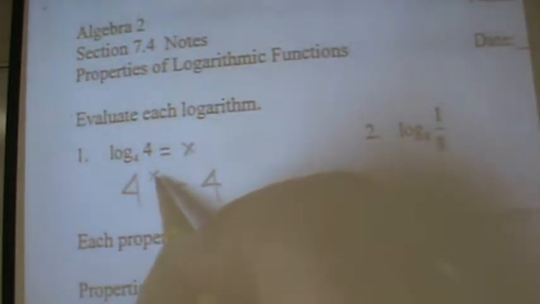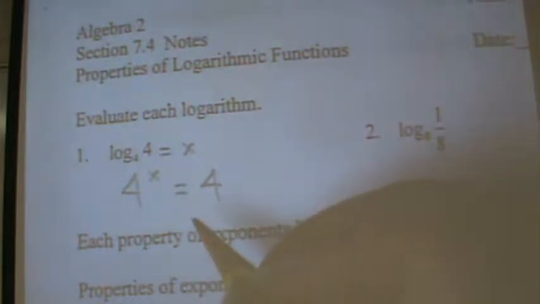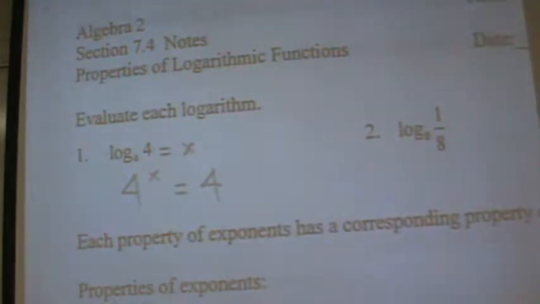Now, what would x have to be to make these two equal to each other? 1. Now, if I gave you the log of 5 base 5, the log of 6 base 6, log of 7 base 7, log of 100 base 100, what do you notice about these two numbers?